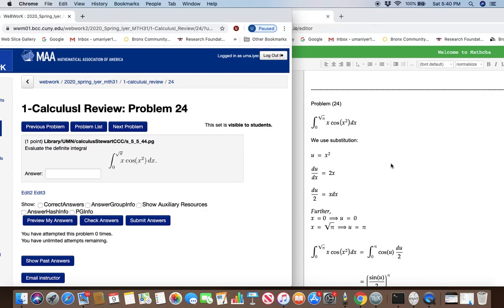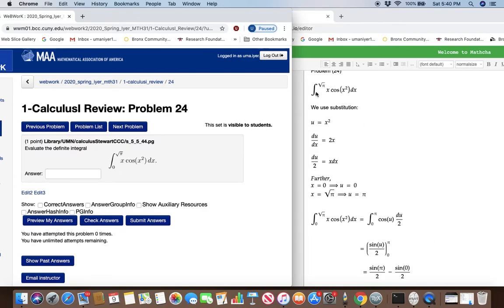Now what about the limits? These limits are in terms of x. When x is 0, u is 0 squared. When x is square root pi, u is square root pi squared, pi.